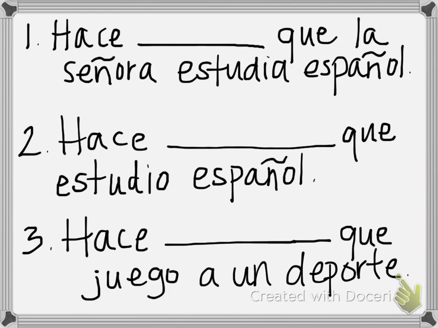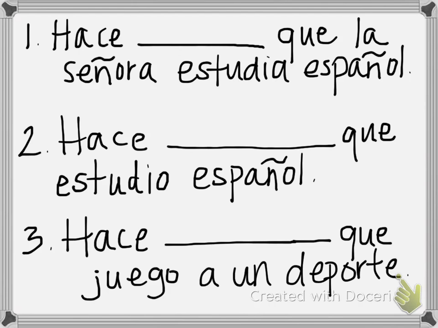Okay, we're going to start a little slow here. You can see that you have 5 example sentences on your note sheet. You're going to fill in the blank with the appropriate amount of time that applies. So let's do a couple of these together. Número 1: hace blank que la señora estudia español. Remember, this is used to talk about how long you've been doing something, or in this case, la señora. So how long has the woman been teaching or studying Spanish? In this case, let's use me for an example.